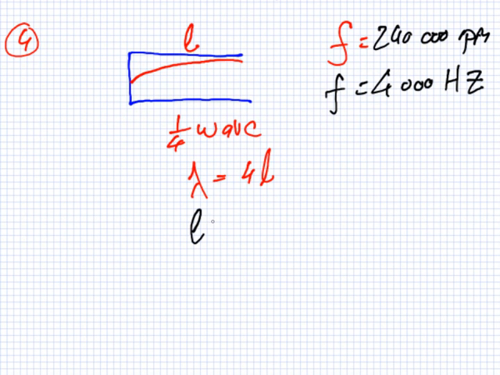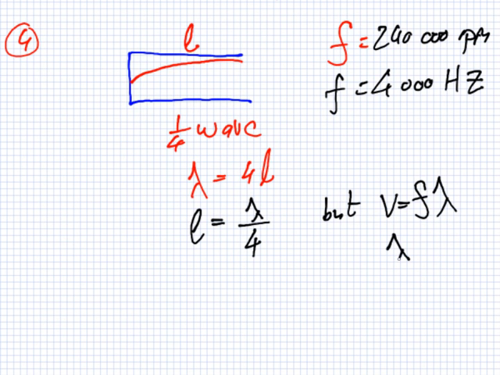So L equals lambda over 4, but of course V equals F lambda. So lambda equals V over F. So this is V over F over 4.